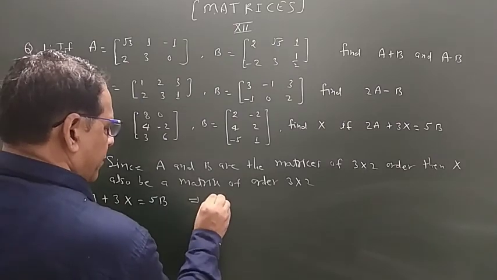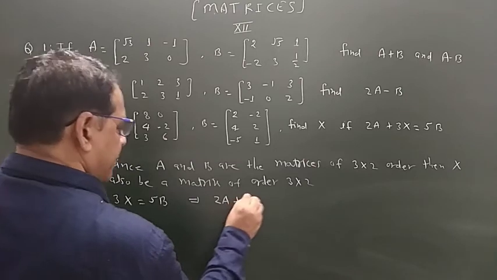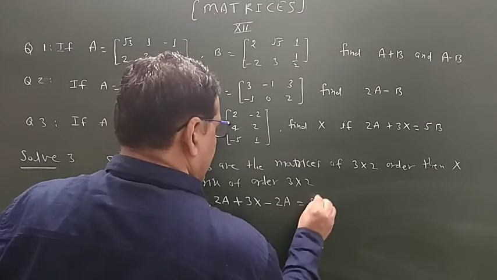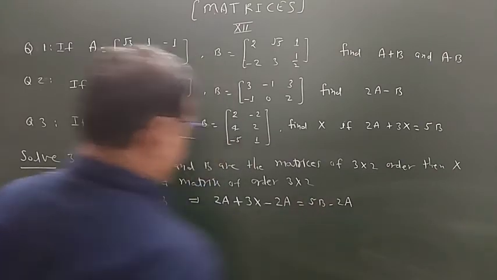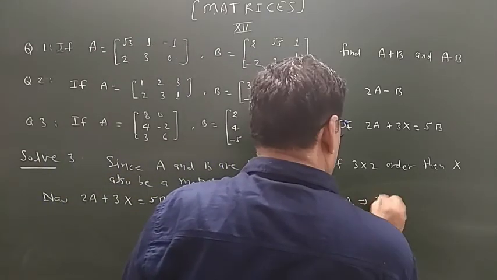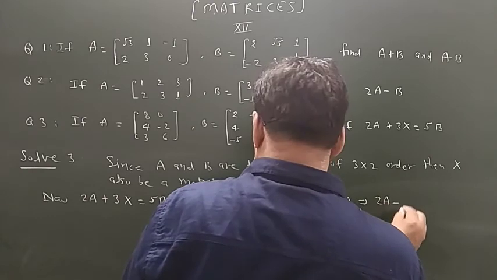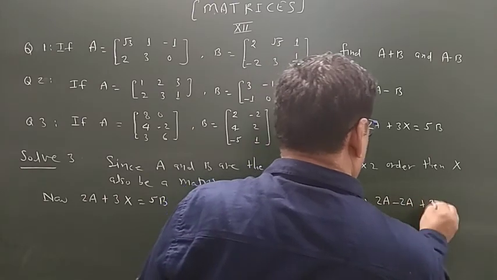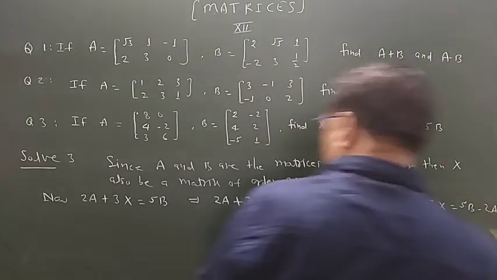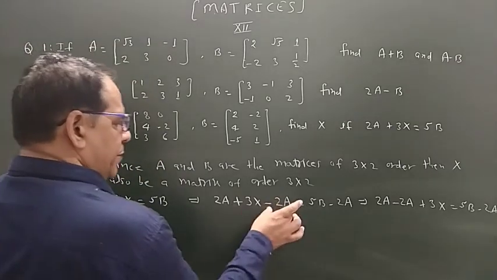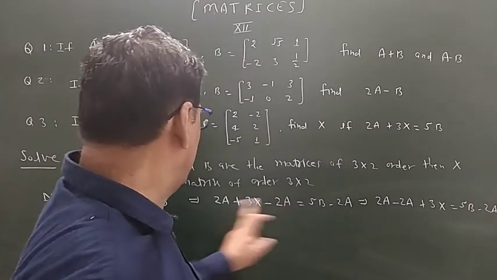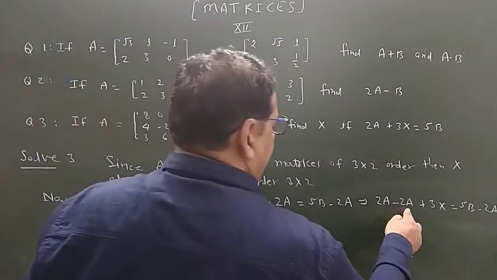Now 2A plus 3X minus 2A equals 5B minus 2A, adding minus 2A on both sides. This can be written as 2A minus 2A plus 3X equal to 5B minus 2A. This is the additive inverse. By associativity, minus 2A comes with 2A, so minus 2A is the additive inverse of 2A.